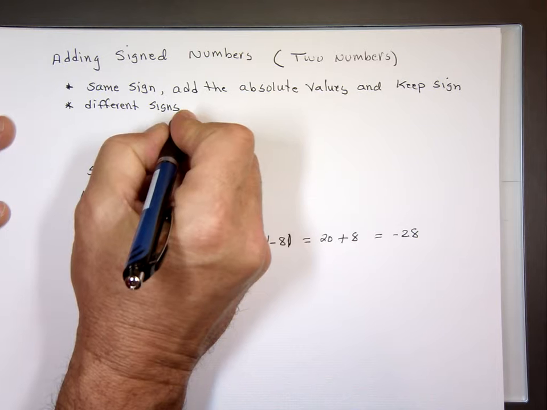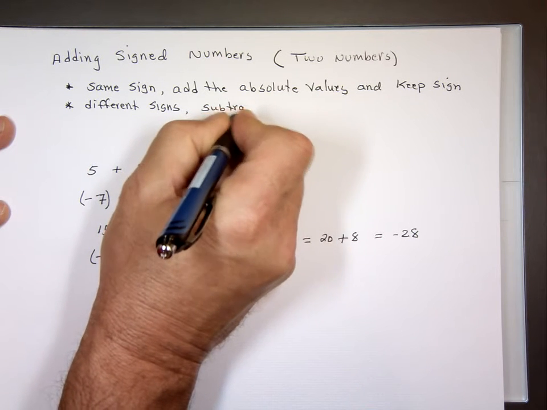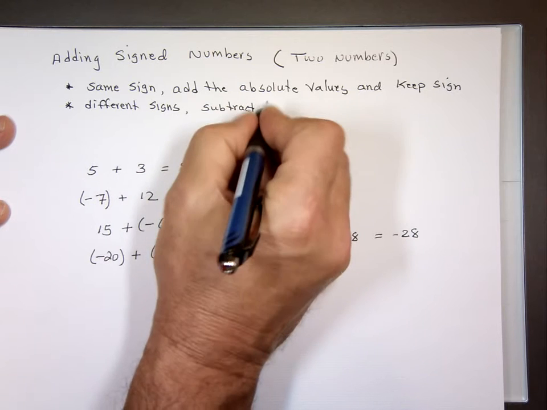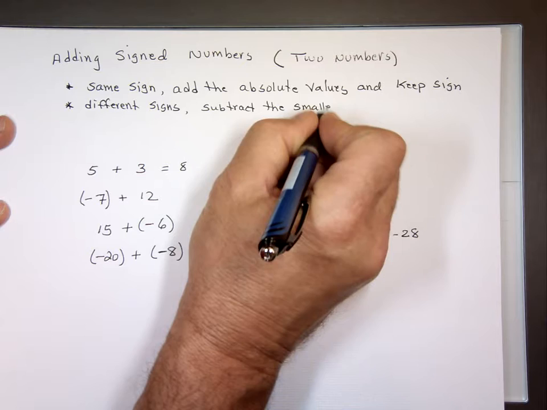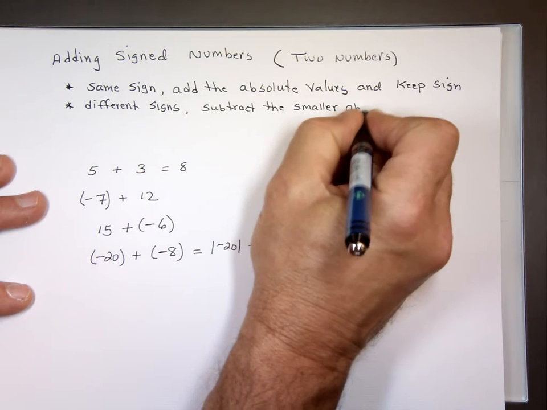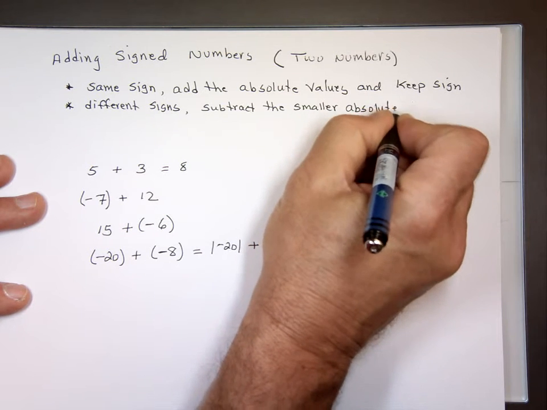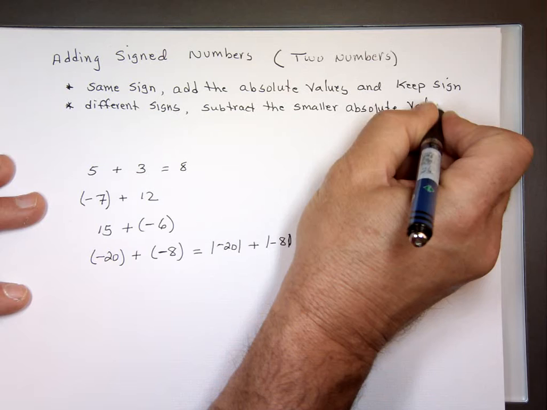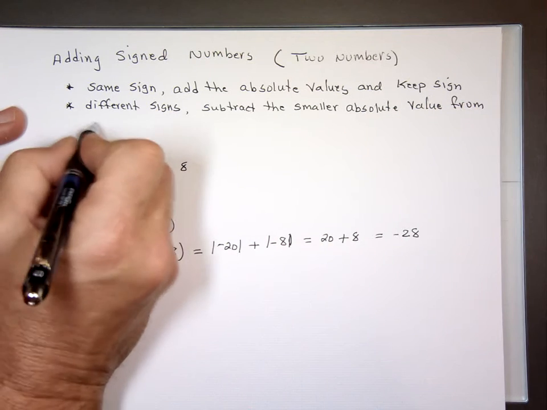Then what do we do? Subtract the smaller absolute value from the larger absolute value.